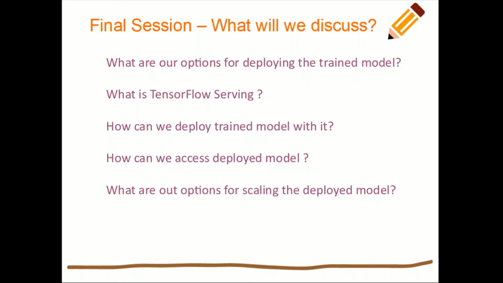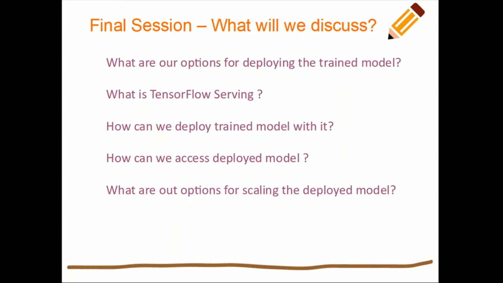Another question is, when we are talking about productionizing the machine learning model, we also need to consider fault tolerance. For example, if the model is deployed on two servers, and one of them fails, how is the other one going to take care of that load, and how can we fall back from one machine to another?